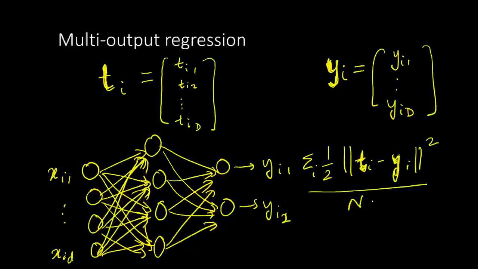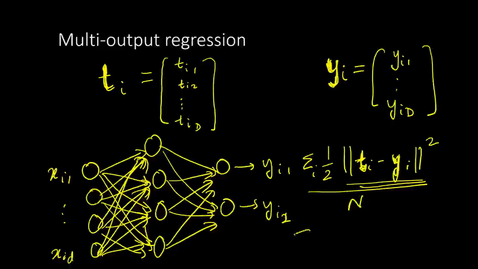Whenever we have multiple outputs to be predicted, we can use a loss like this, which is a generalization. Here we don't have a simple difference, we have a vector difference, and then we take its L2 norm and square that.